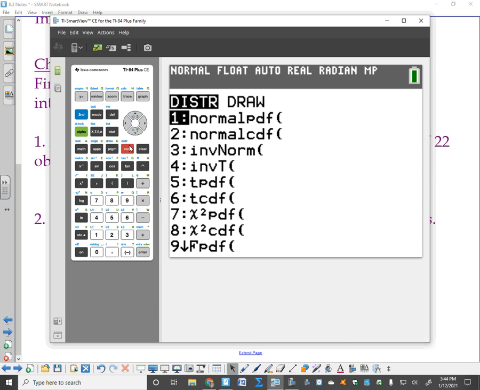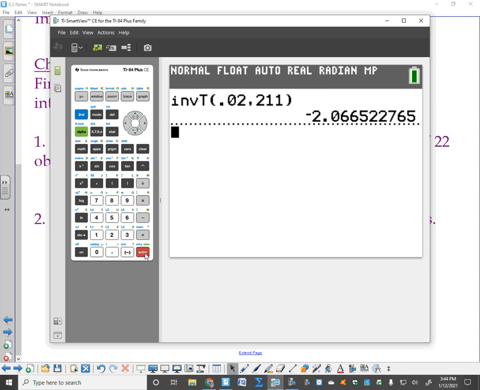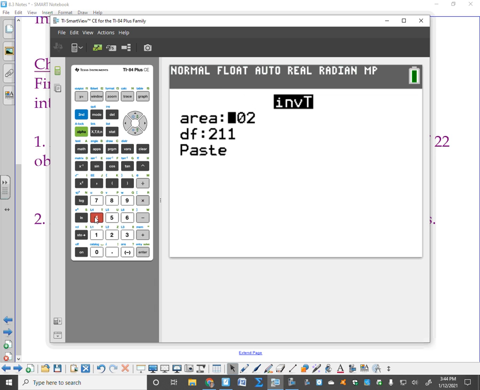Okay, so I'm going to go down to number 4. So inverse t. Area to the left is 0.02, and degrees of freedom was 21. Oh, I did 211. Let's try that again. Let's take one of these ones out. There we go.